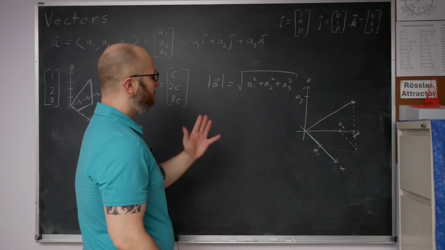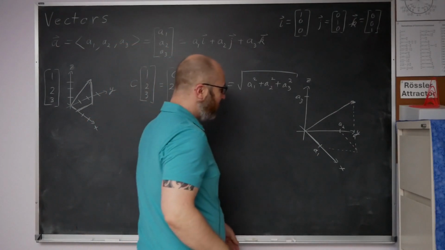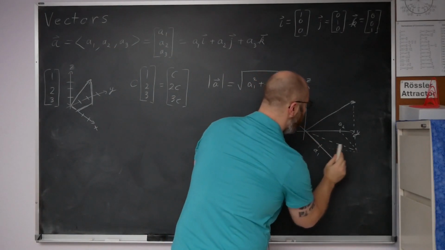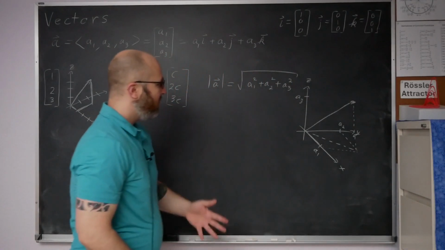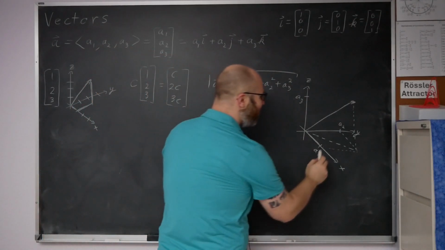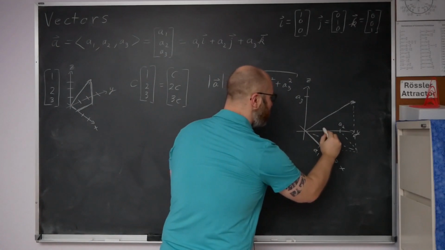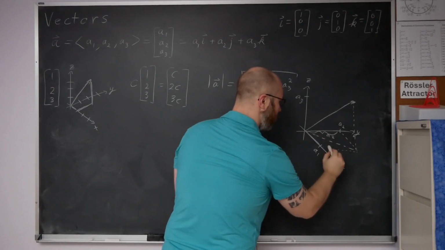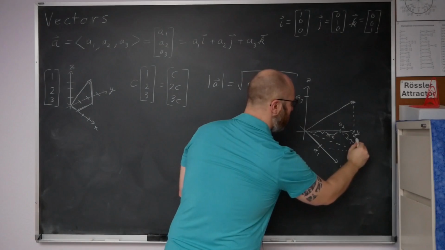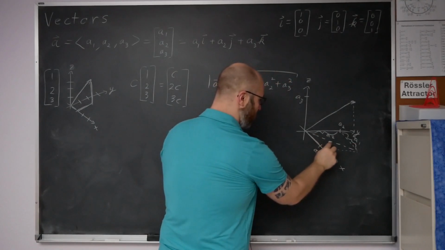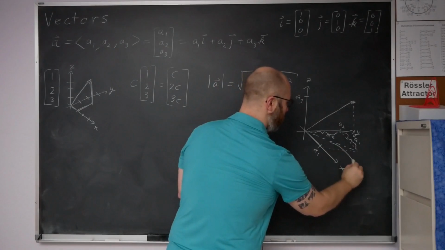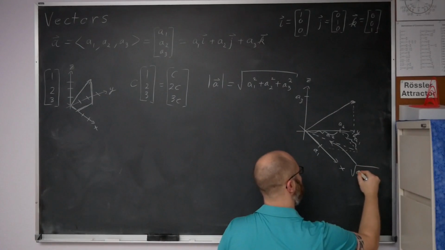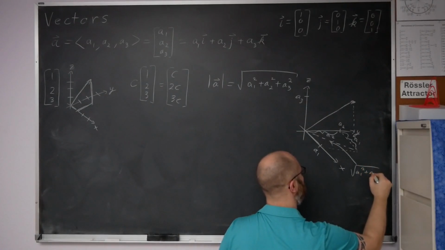All right, and we want to figure out, how long is this thing? Well, we could solve that problem if we had that length. But the thing is, we do have that length. So this length here, this is A2, and this length here, that's A1. So I want this length right there, that's going to be the square root of A1 squared plus A2 squared.